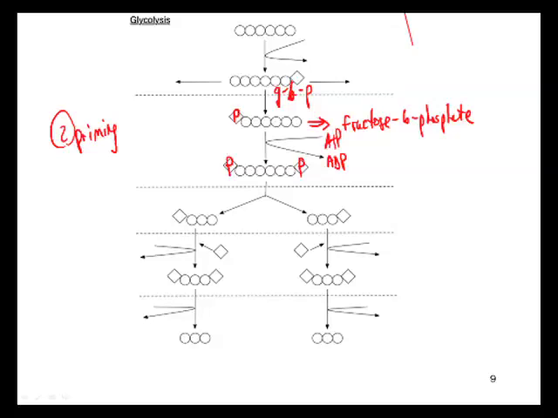And then our product here is called fructose 1,6-diphosphate. Fructose 1,6-diphosphate. One and 6 refer to the carbons where the phosphates are attached. So the number 1 carbon and the number 6 carbon.